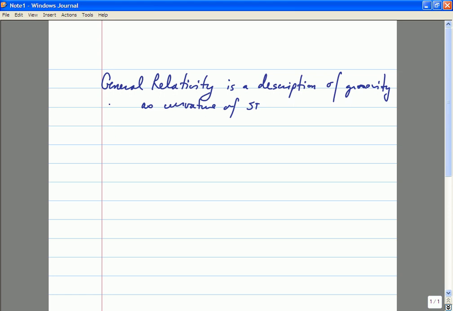And today, I will take as our basic starting point the equivalence principle, which is the statement that in a small enough region of space, the effect of gravity is indistinguishable from that of acceleration.